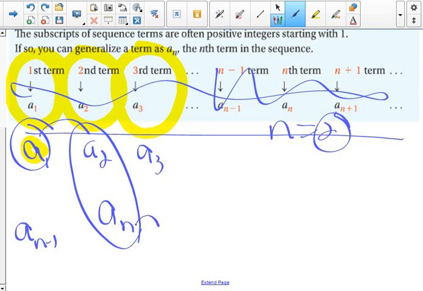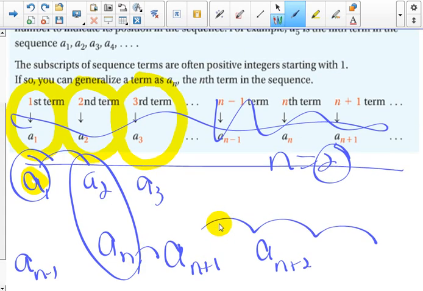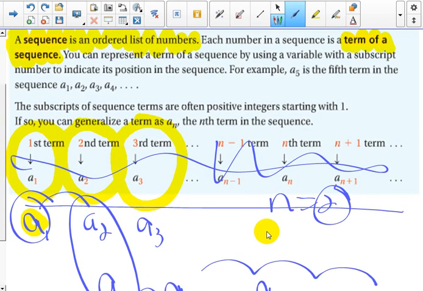And if I want to go to the element right after it, what am I going to do? A sub n plus 1. And if I want to go to the next element, it's going to be a sub n plus 2. See? So we can represent terms in the sequence. I'm going to say this the whole lesson: sequence, sequence, sequence.